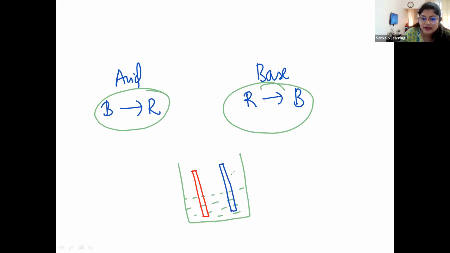I say that the blue litmus had turned red. So what will my solution be? Blue litmus to red is acid.